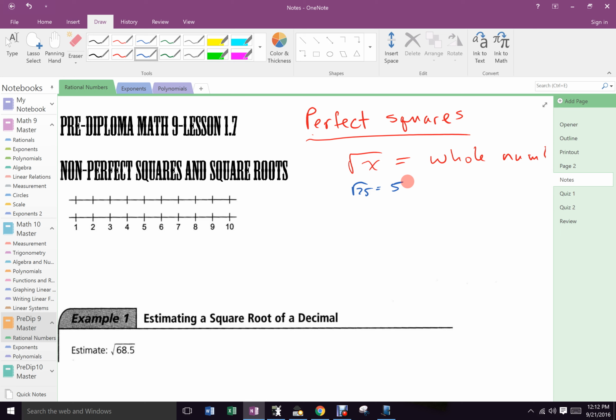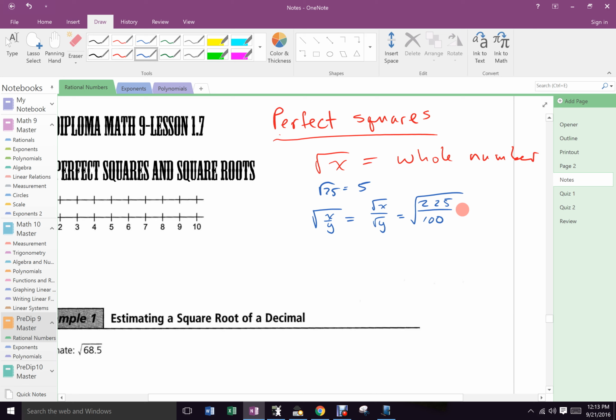So that was the one kind of perfect square we had. Then there was this kind of perfect square: the square root of a fraction. And that was getting square root x over square root y, which we just did, didn't we? 225 over 100. The square root of that ended up being 15 over 10.